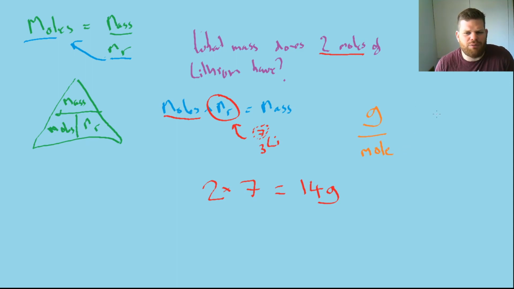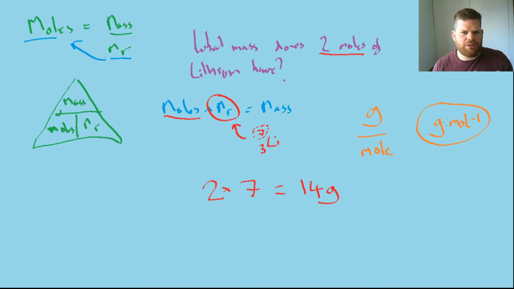Now we don't like writing things like that, so the way in which we write it is grams per mole. That's how we like to write it, and it's essentially how many grams there are in 1 mole. So this is the units of relative atomic mass, of molecular mass, of compound mass.